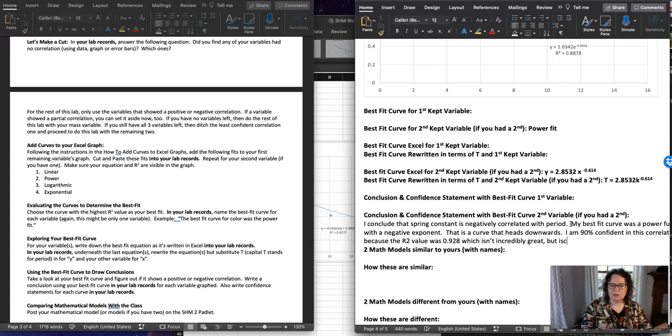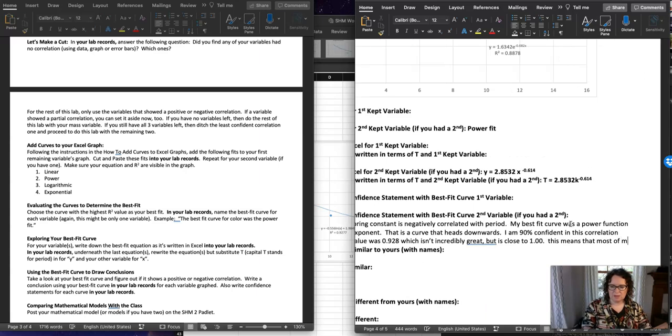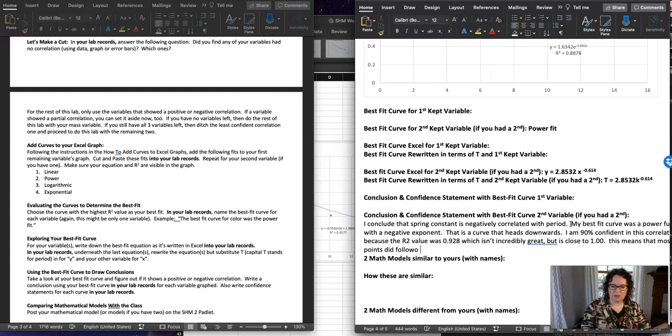This means that most of my points did follow that mathematical model, and so most of them were definitely negatively correlated.